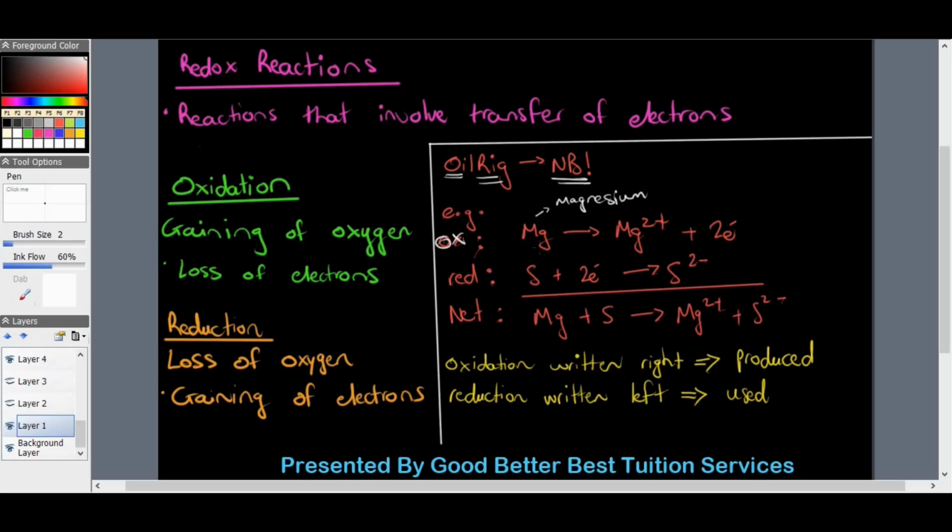In other words, I'm showing the process where electrons are lost. Sulfur is being reduced because I'm showing that the electrons are being used. That's why I write them on the left hand side, not on the right. I write the reduction reaction with the substance plus the electrons it is gaining. In this case, it's gaining 2 electrons, becoming that substance.